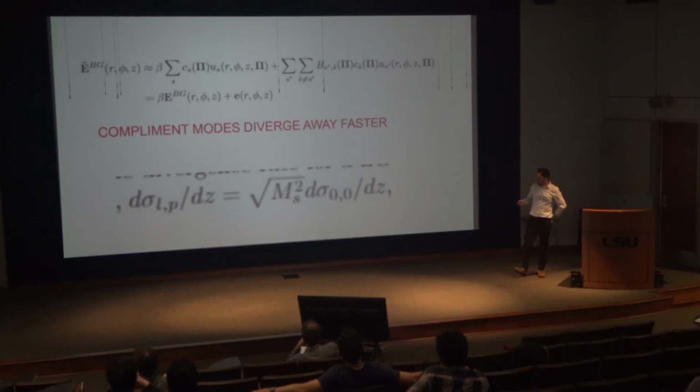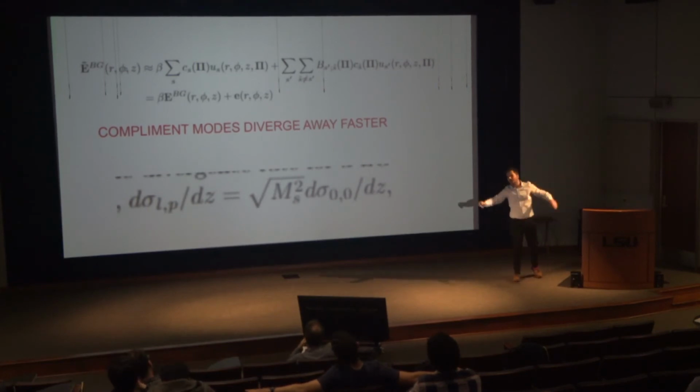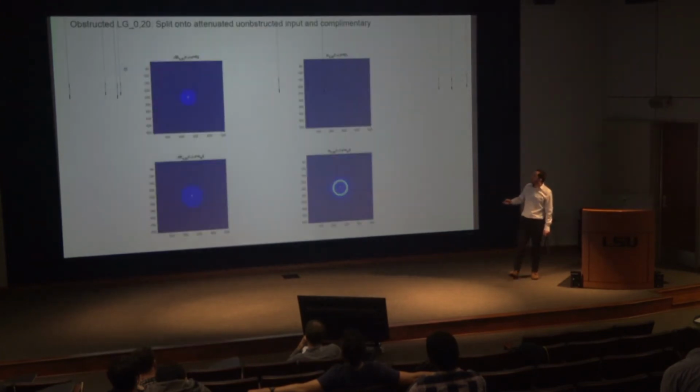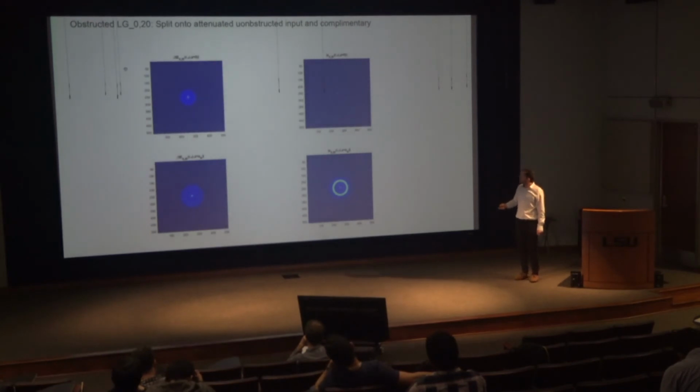And so, as a result, this complement term is composed of higher order terms which scattered away, and these higher order terms are diverging with a rate of the beam propagation factor. So with a factor of beam propagation factor, they diverge faster. And that's why maybe I could write it like this.